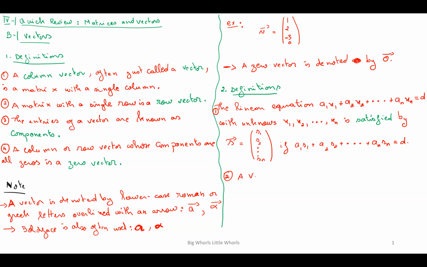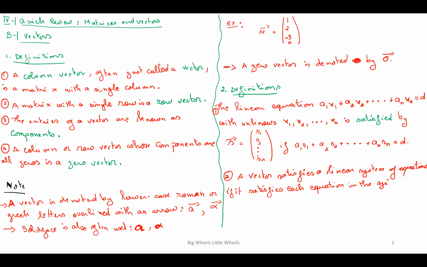So a vector satisfies a linear system of equations if it satisfies each equation in the system.